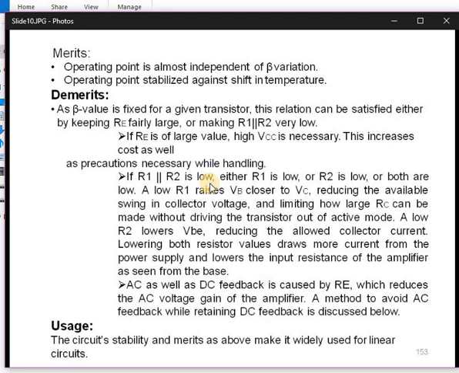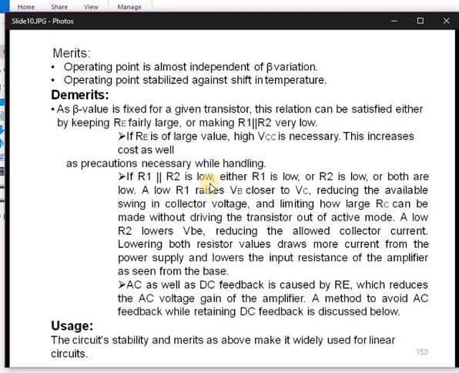That means when R1 is low, the collector voltage is reduced, and when R2 is low, the collector current is reduced. If both resistor values are reduced, more current is drawn from the power supply and the input resistance of the amplifier is lowered.